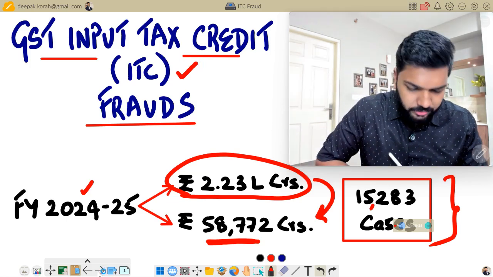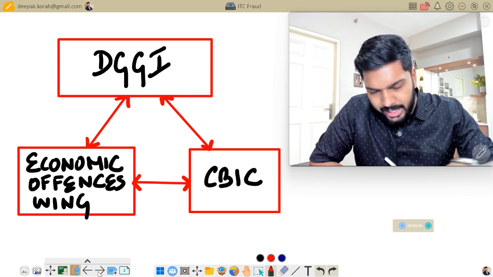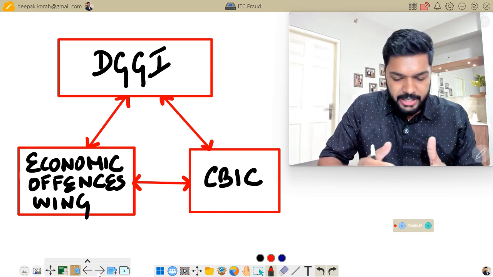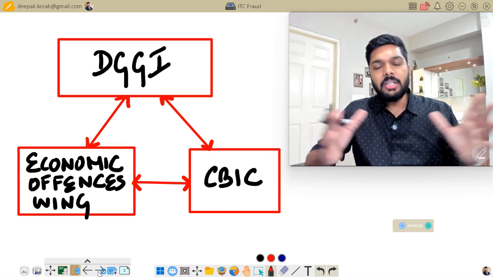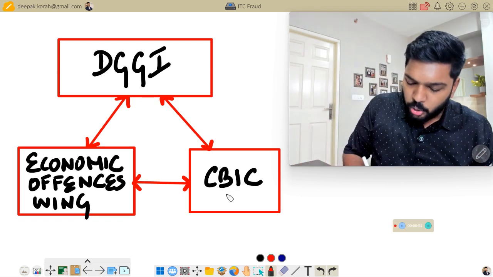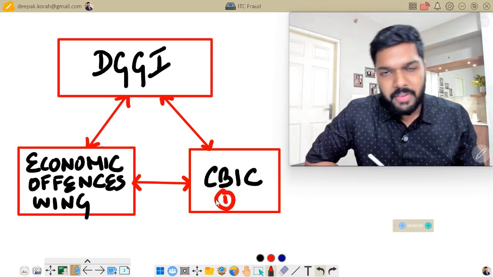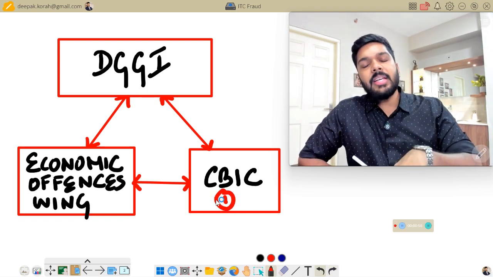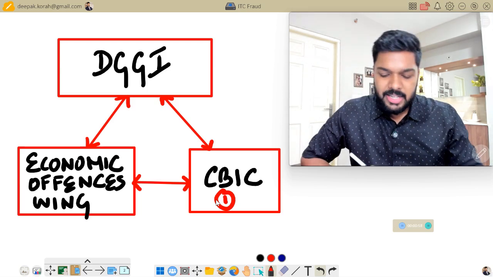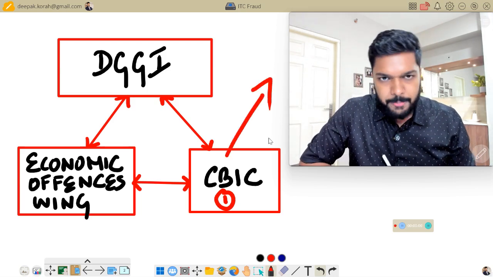Well, in the entire story of GST, you have three bodies operating to unearth a GST fraud. To start with, you have the CBIC, or the Central Board of Indirect Tax and Customs. This is the GST department sending out the first set of notices to the taxpayer.